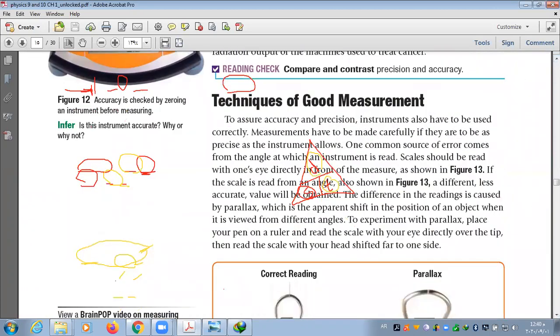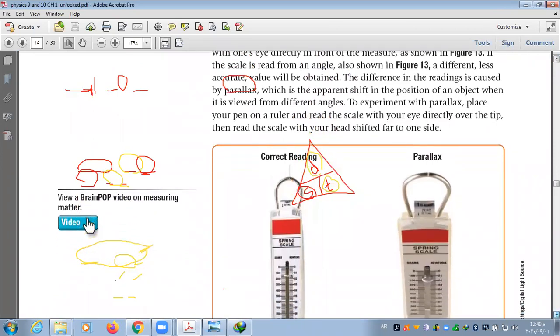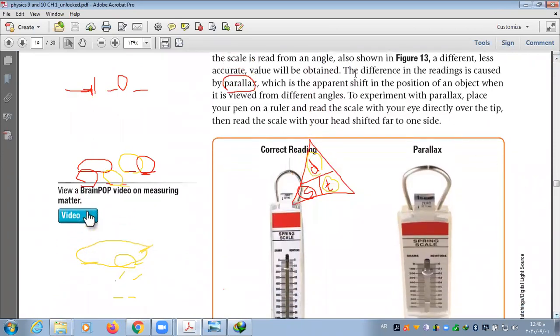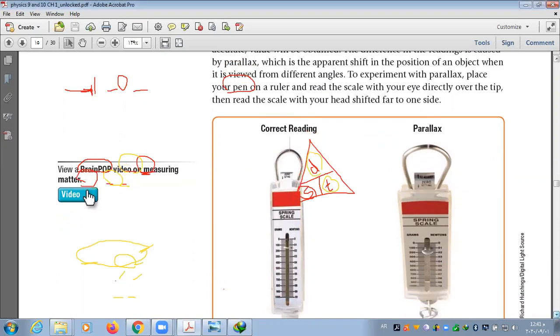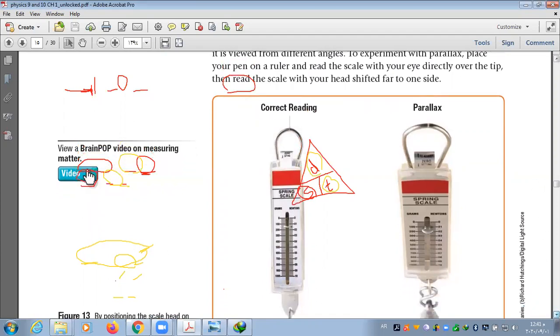Okay, who can remind us with parallax? What does it mean? The last point in this lesson. Raise your hands. Parallax. Look at the picture and try to guess.